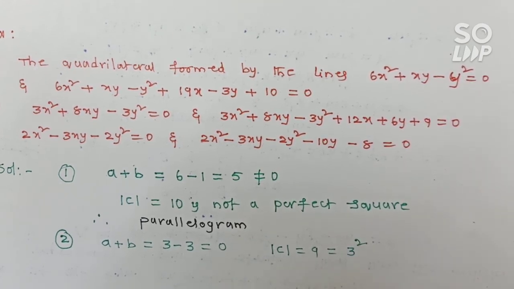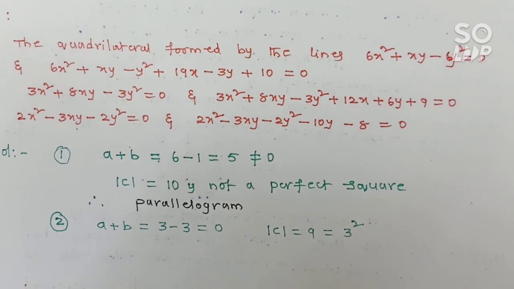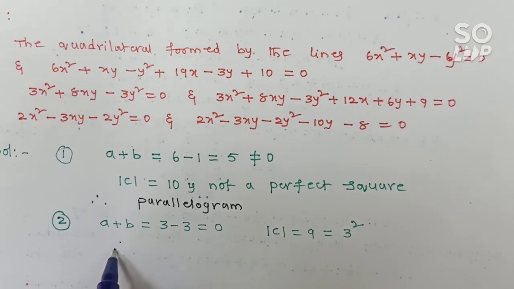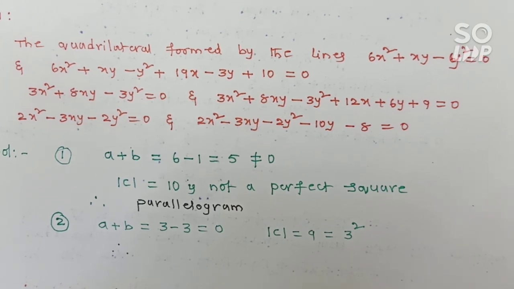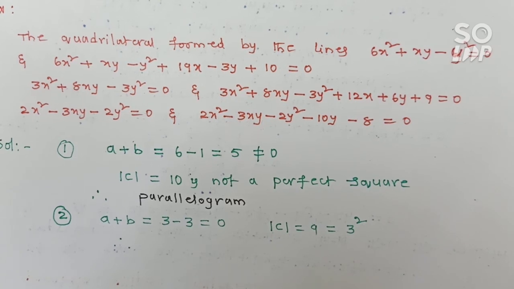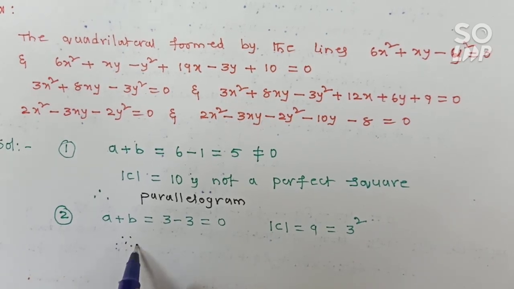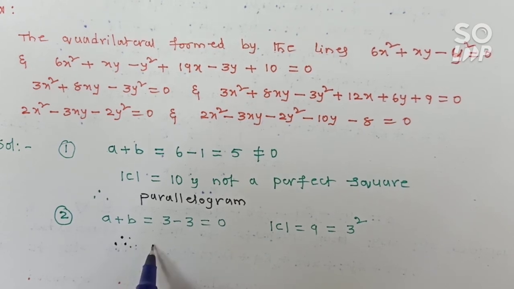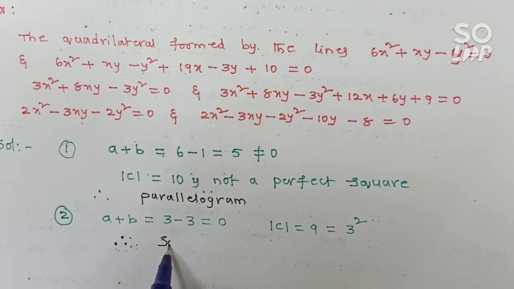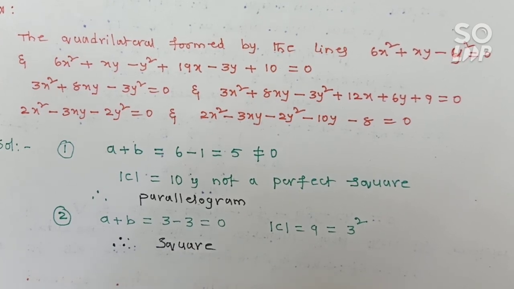So the constant is a perfect square. Therefore a plus b is 0, and if the constant is a perfect square, then the quadrilateral is a square. This is the solution of the second question.